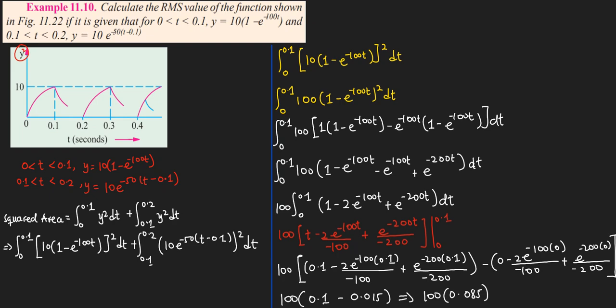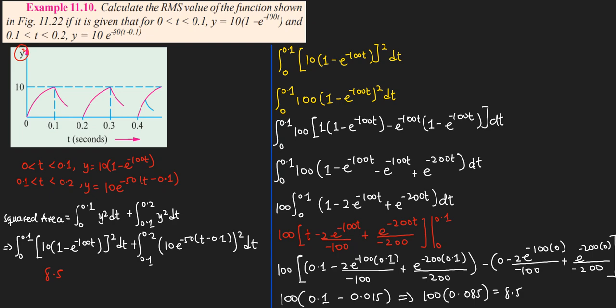So let's do the multiplication. So we're going to have 100 times 0.085. Let's do that and see what you are going to get. So that gives me a value of what? 8.5. So for the first squared area, we have 8.5. Let me write it here.